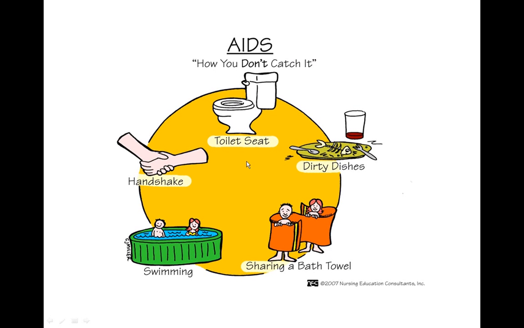And this is pretty simple, but just to remind you of the ways that you cannot catch AIDS, and we did talk about this. First of all, you don't catch AIDS, you catch HIV, the virus, but you can't get it from a toilet seat. No case is ever traced back to handshaking, dirty dishes, sharing a bath towel, swimming. You have to share blood, or you have to share sexual fluids, breast milk, things like that.